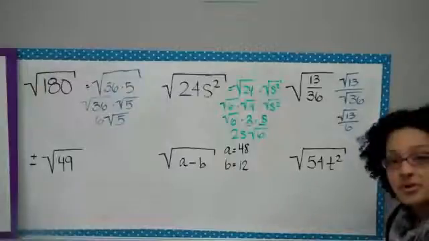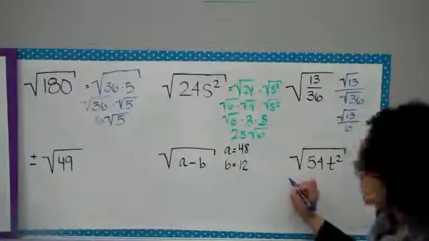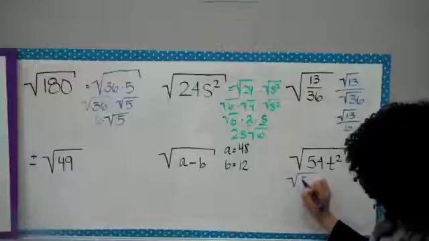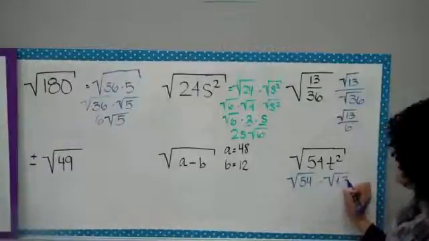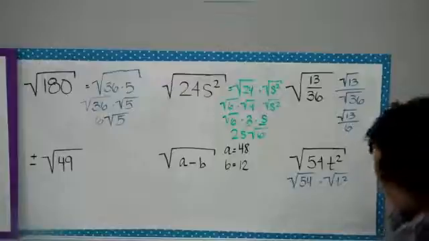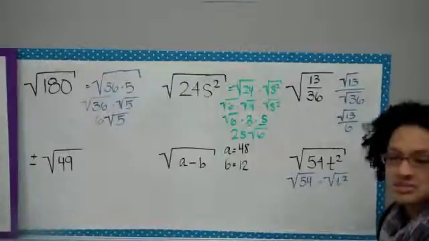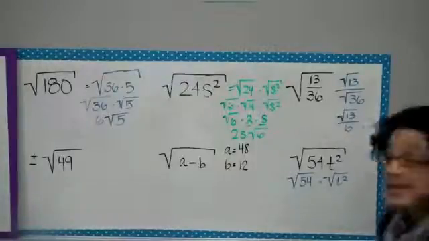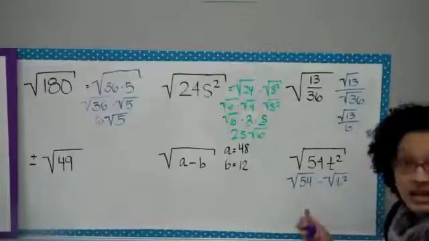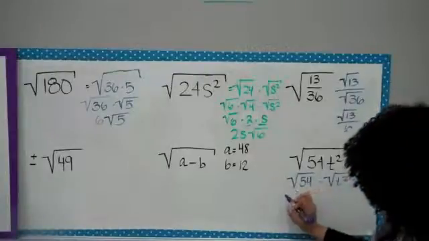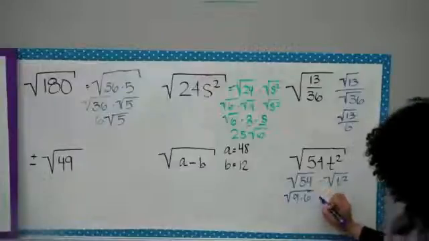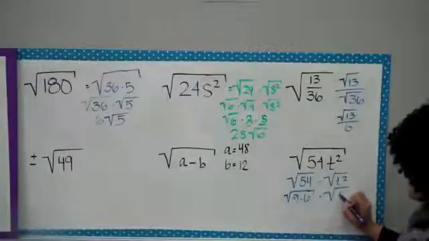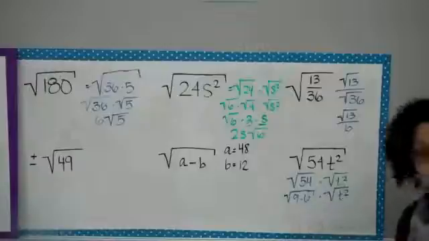All right, another one. Square root of 54 times t squared. Let me separate out my constants from my variables. So 54, let me think. 27 times 2, not perfect squares, but 9 times 6 is 54, and 9 is a perfect square. So let me break this down into the square root of 9 times 6 times the square root of t squared. All right, product property.